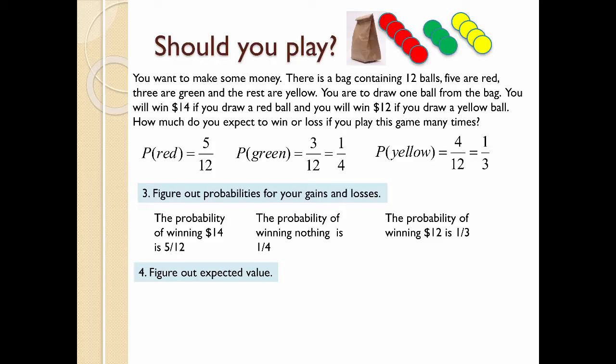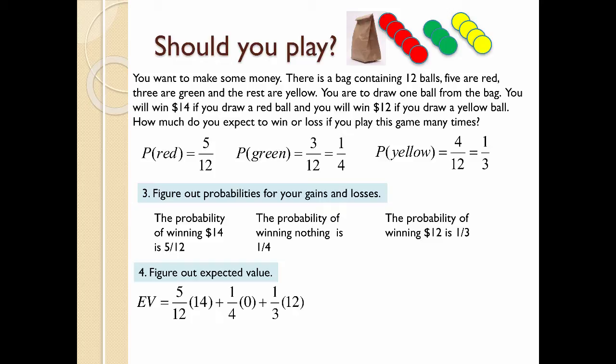Finally, we do our expected value calculation. An expected value calculation takes each outcome, multiplies the probability of that outcome times the amount that you stand to gain or lose. So the first term, 5/12 times 14, that's how much you're going to gain in the long run if you draw a red ball.